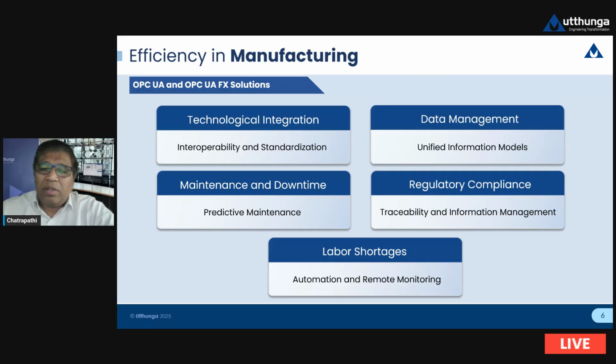This allows workers to manage multiple systems from centralized locations, and it increases the overall productivity with fewer workers, and enhances the ability to manage all these operations remotely very efficiently.